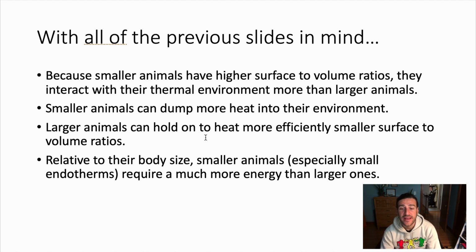Larger animals can hold on to heat more efficiently because they have smaller surface to volume ratios. So again, remember, we talked about Bergmann's rule. That has to do with that, right? Obviously, larger animals have more thermal inertia, right?